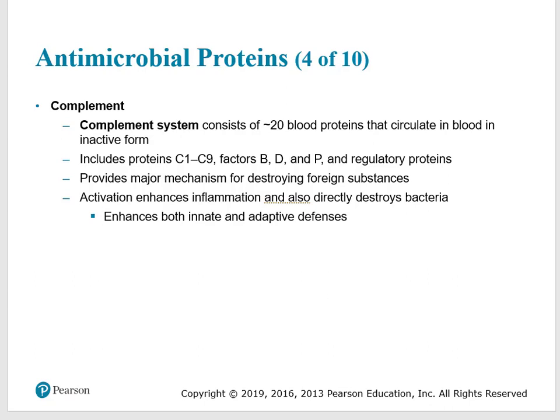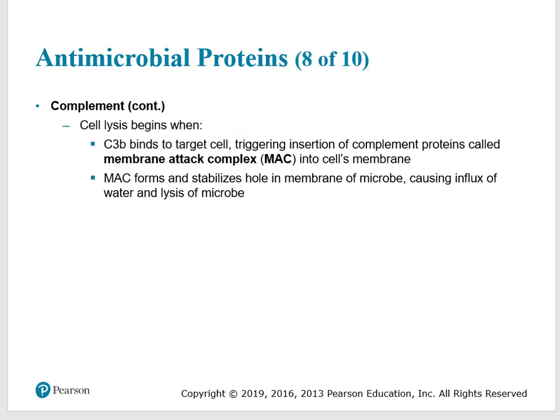Complement proteins, there are 20 smaller blood proteins that are circulating in our blood. Your textbook talks in much detail about it, but I'm just going to point out the importance of the complement protein is that it alerts your adaptive defense system. It can also cause inflammation and wall off the infection.